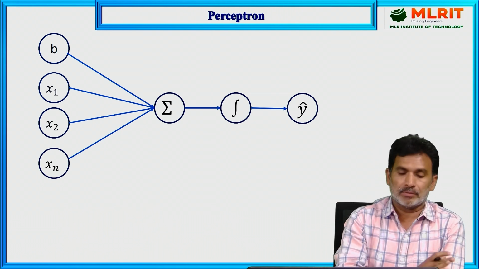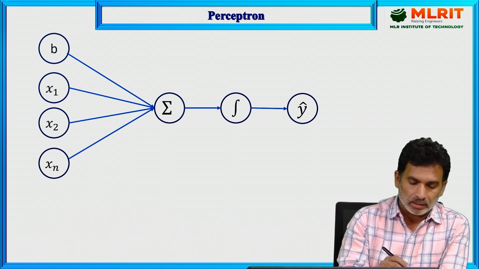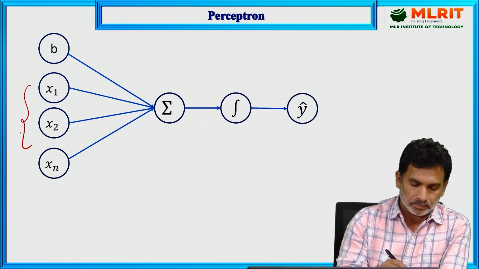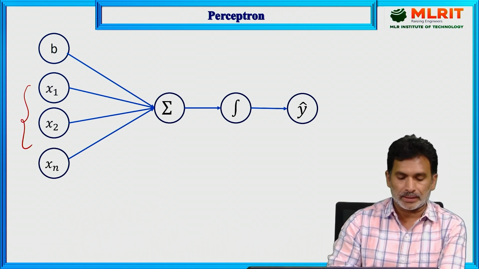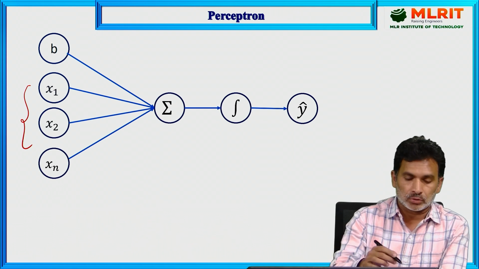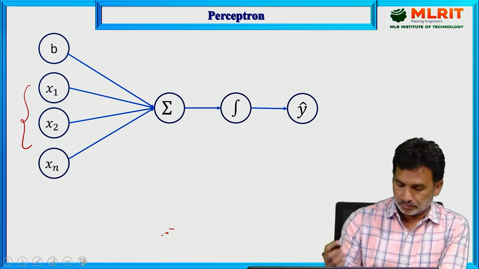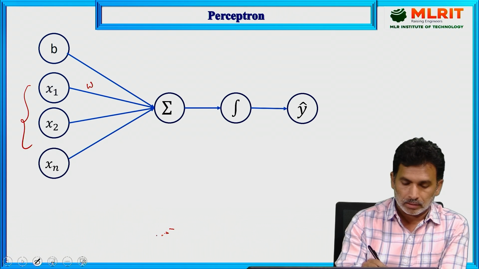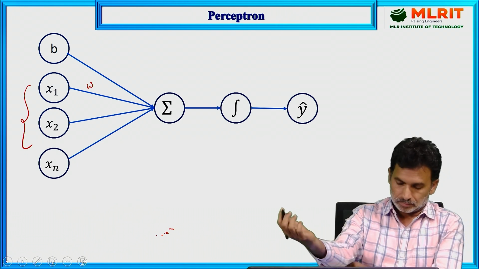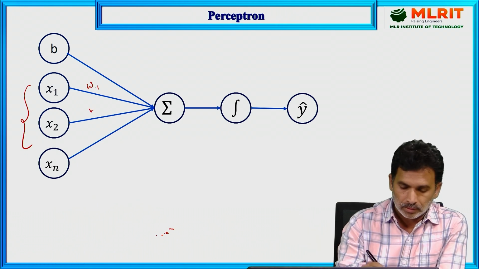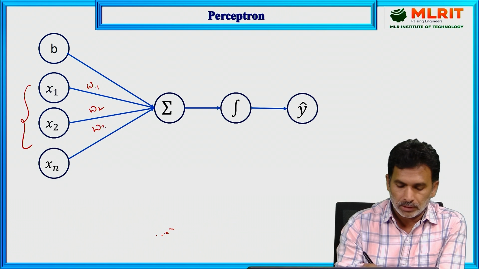Suppose we have the inputs x1, x2 and so on up to xn, and also the bias, and the corresponding weights w1, w2, w3.